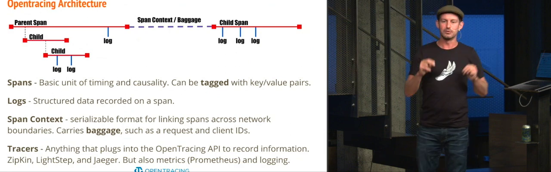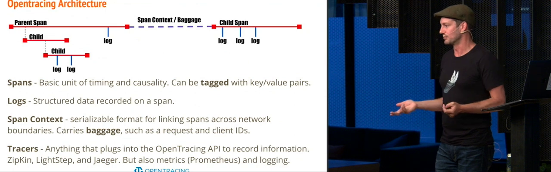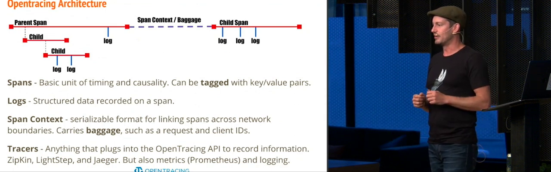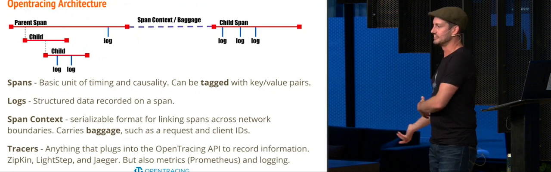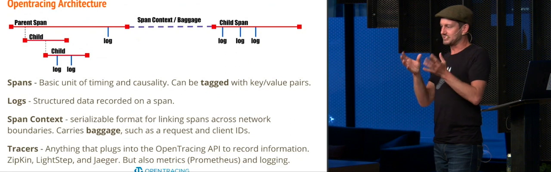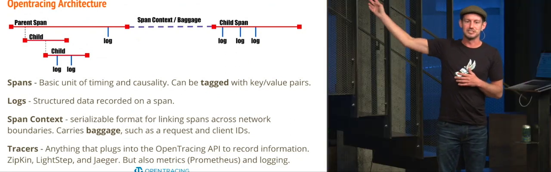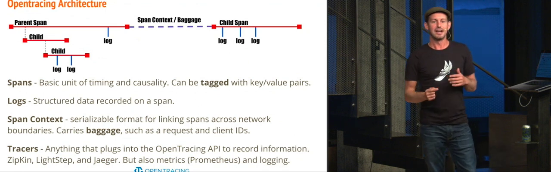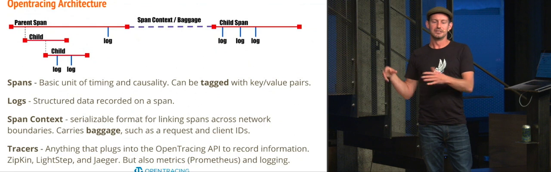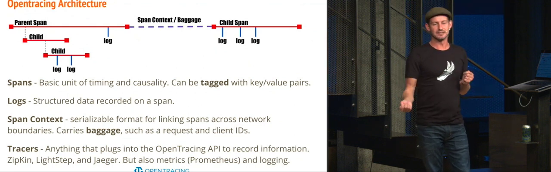I say tracing in air quotes because the most common thing I see people doing with OpenTracing is, well, I was doing a bunch of logging, and now I want to add correlation IDs to all of my logs. And so what I want to do is have a very basic tracer that all it does is propagate that baggage and span context along the wire, and then I want to log through it so that every time I write my log, it just pumps that correlation ID in there.